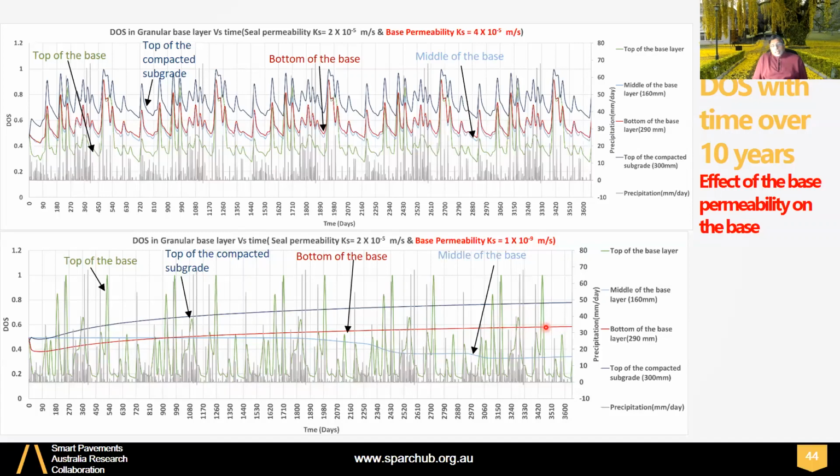Red means bottom of the base. Light blue means middle of the base. So you can see they are very low, less than 0.5, right? So you can maintain for 10 years in this instance, pavement in good shape. But of course, this is not commonly done, right? But it requires more research, I think, in this instance.